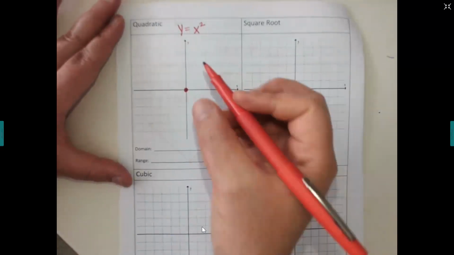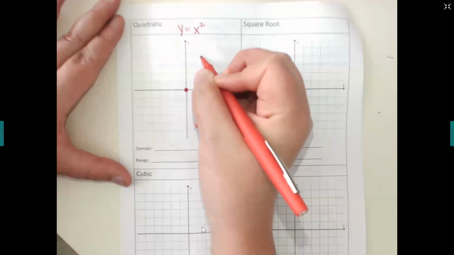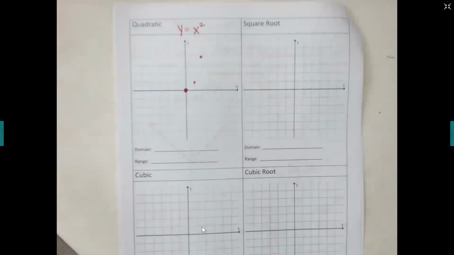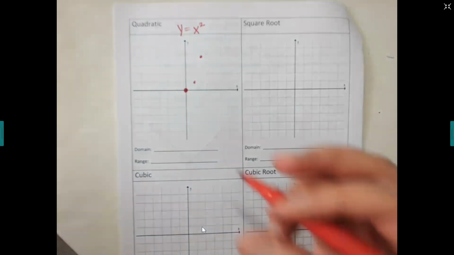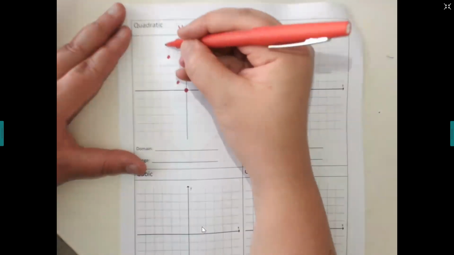And then remember your next two dots, you're going to go 1, 1, 3, 1. So it's up 1 over 1, and then up 3 over 1, so that it'll end up looking like a U. Same thing on the other side, 1, 1, 3, 1. And then draw your U.